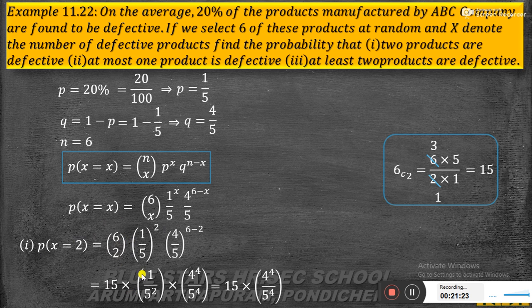So 15 into 1 by 5 whole square, and 6 minus 2 means 4, 4 by 5 power 4. That equals 15 into 4 power 4 by 5 power 2 plus 4, which is 6. So 5 power 6 will come here: 15 into 4 power 4 by 5 power 6.